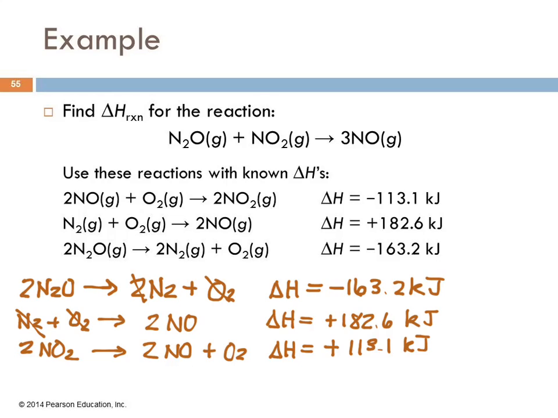Okay, so now we've got N2O and NO2 on the reactant side, and we've got NOs on the product side, but we've got this oxygen here. And we've got this nitrogen left over. So what we need to do is take this equation and put it in there twice. So I'm just going to multiply the whole equation by 2.